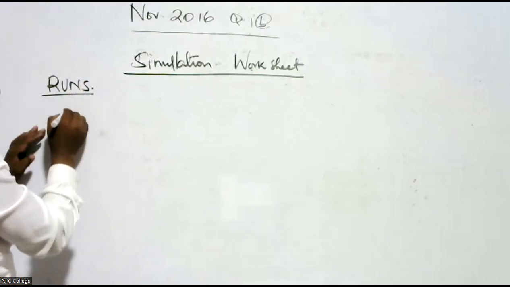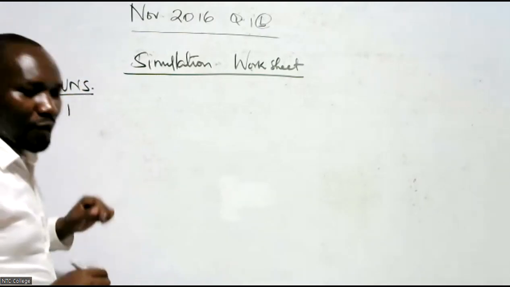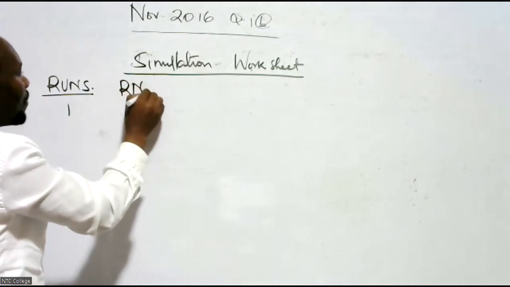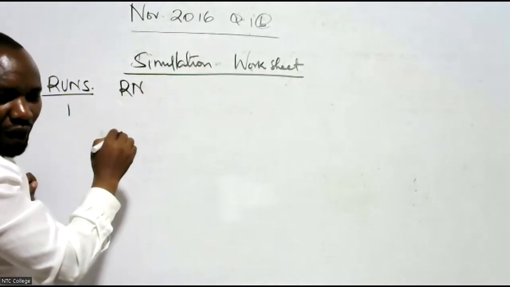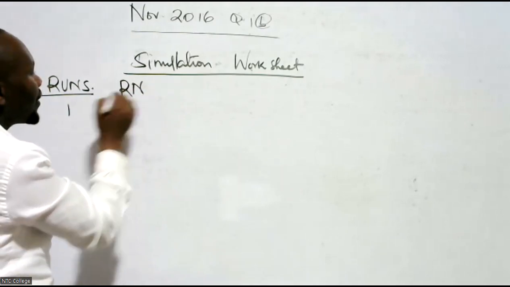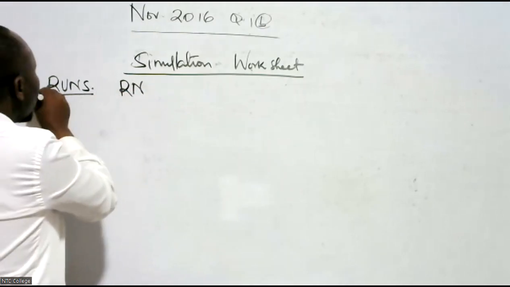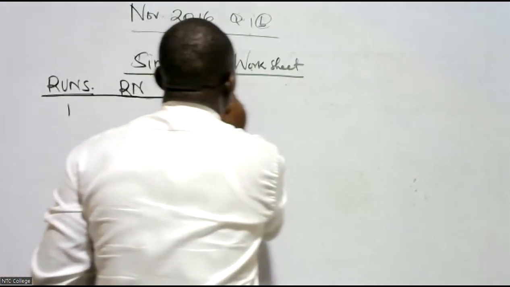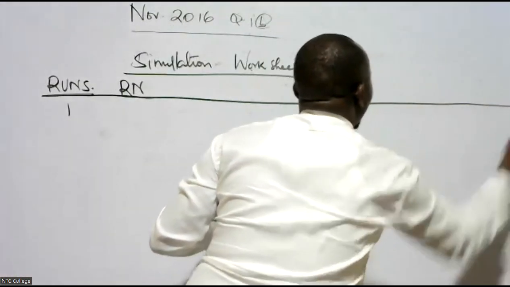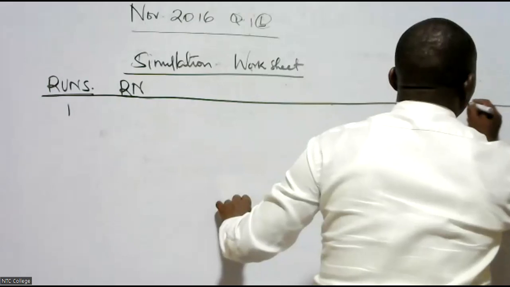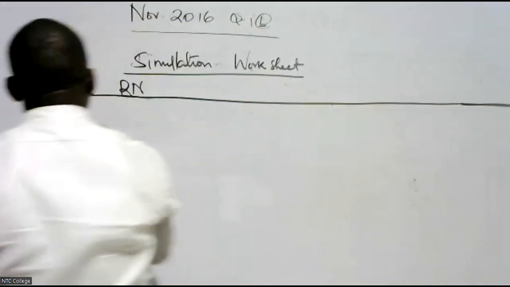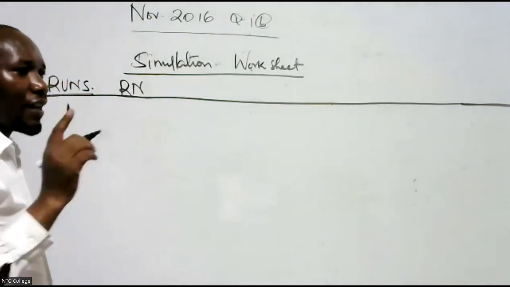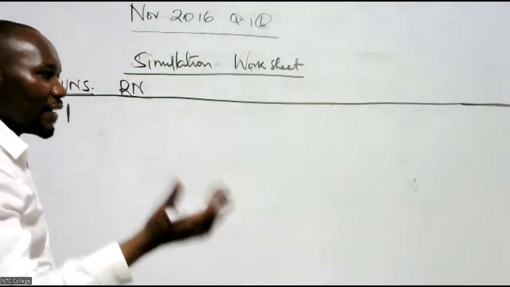So after having run one, go and pick a random number. So you have a random number, which is Rn. Let's have this one like this. I wish I could be accurate, but let's just have it something like that. So you have the first run. Go and pick the random number so that it can tell you what is next.